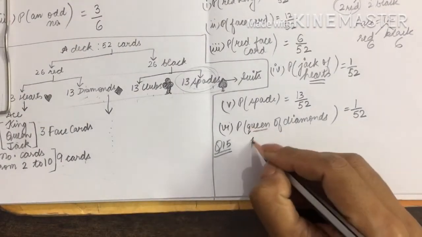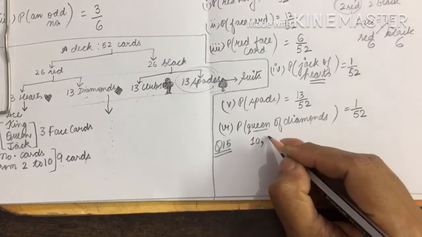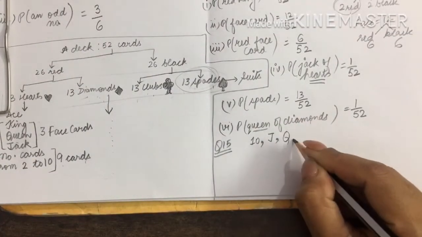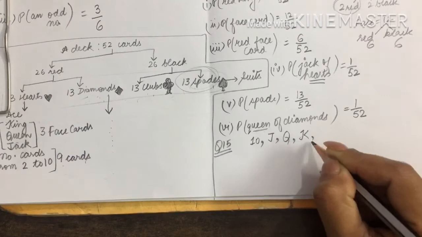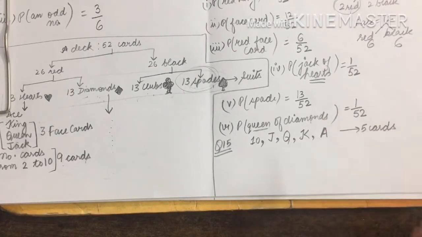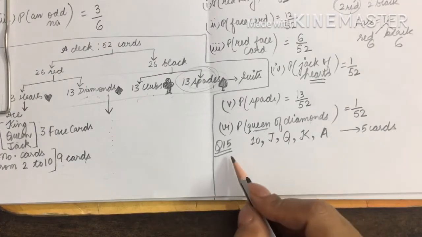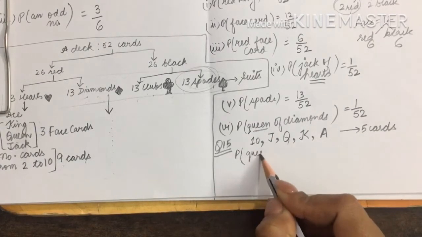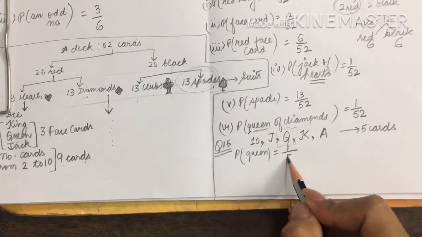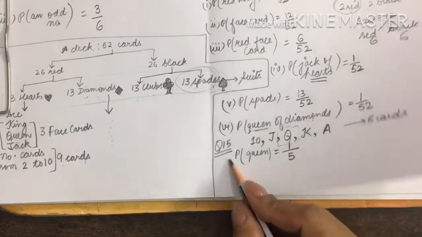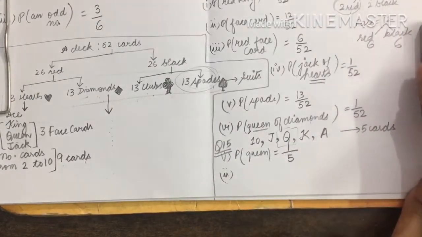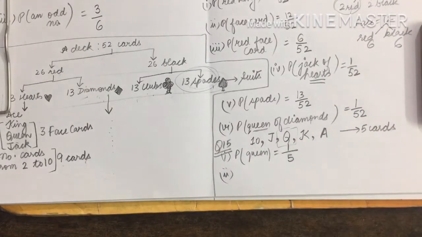So there were 5 cards, 10, jack, queen, king and ace. Then the probability of getting a queen is 1 card out of 5. And then in the second part, what happened? The queen is removed.